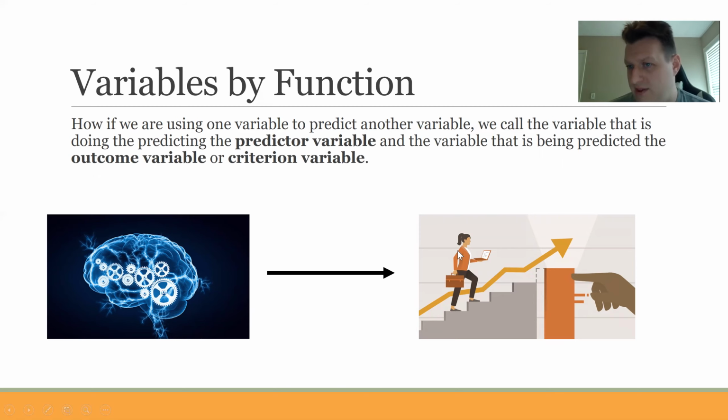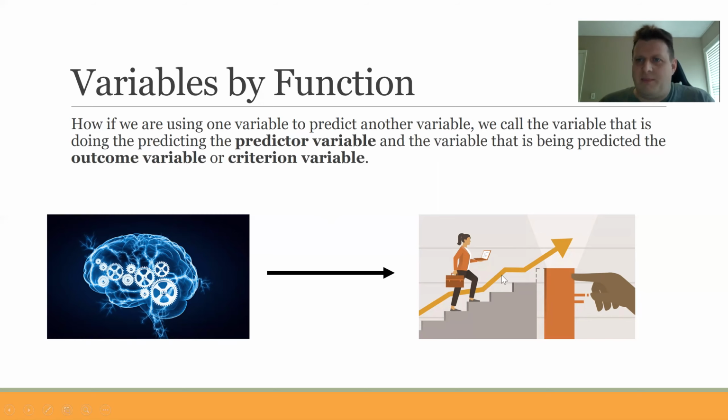Notice how the arrow has changed. It has gone from a double-headed arrow indicating a correlation to a single-headed arrow representing prediction here. All right, we're using intelligence to predict job performance.